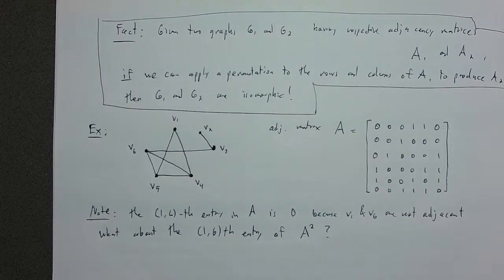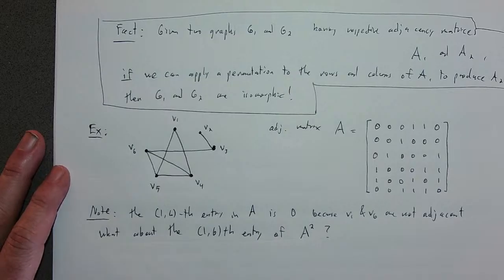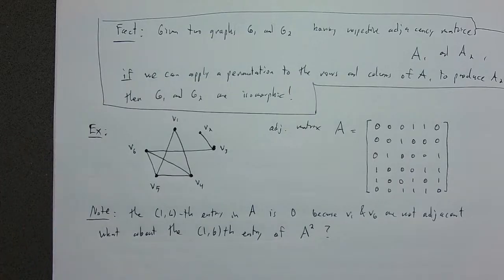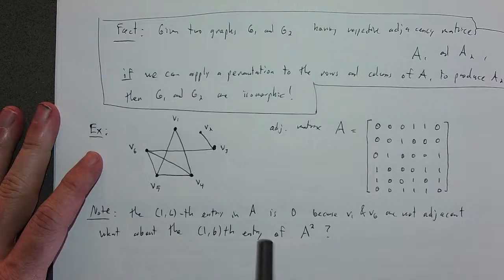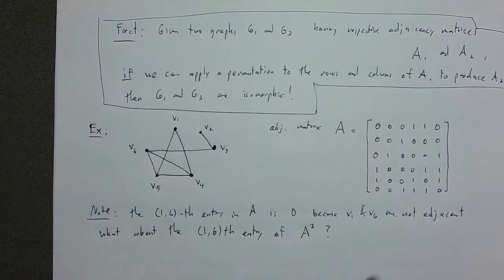But matrix multiplying two 6 by 6 matrices might be slightly annoying. That's a lot of dot products, right? But if I'm just interested in a single entry, then this is just one single dot product, right? So this is the dot product of row 1 of A with column 6 of A, right?